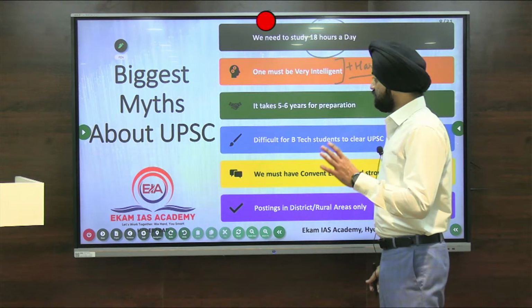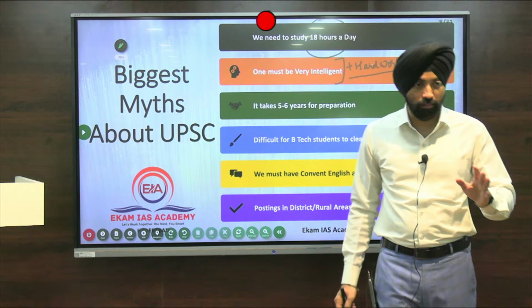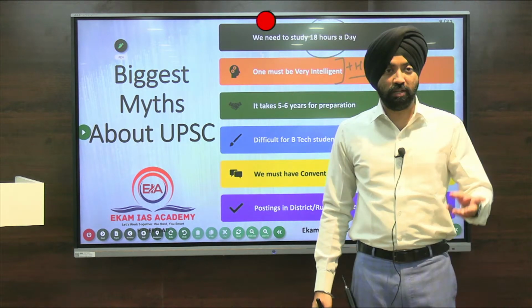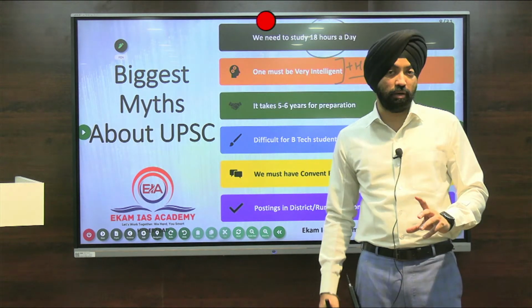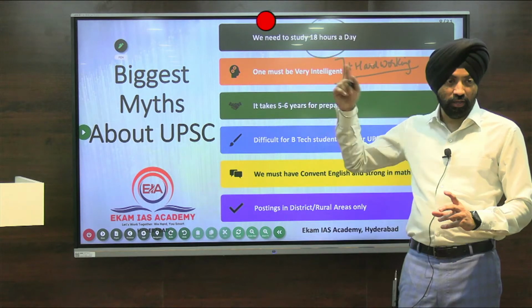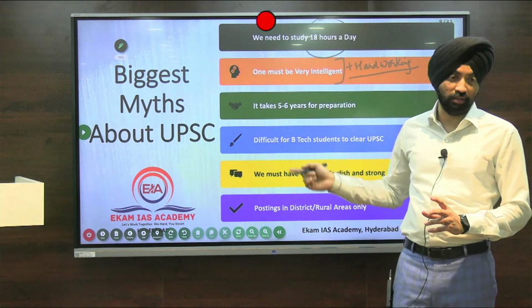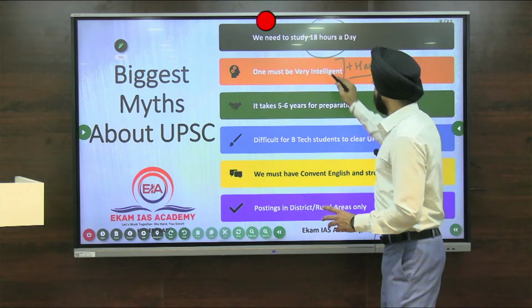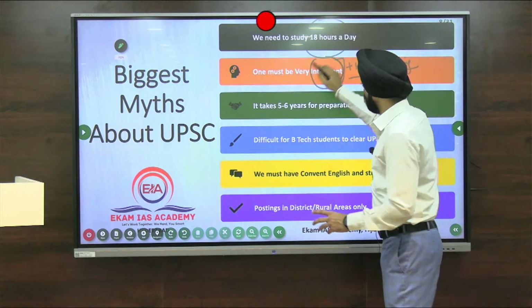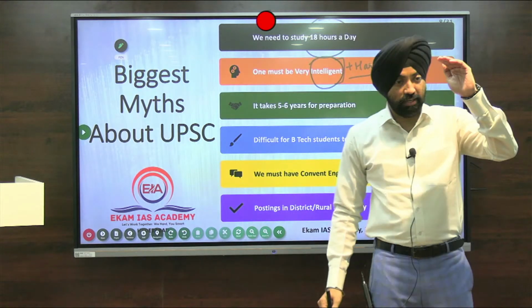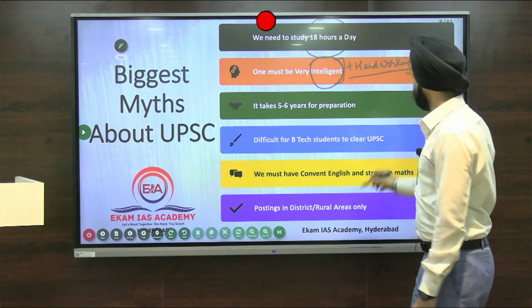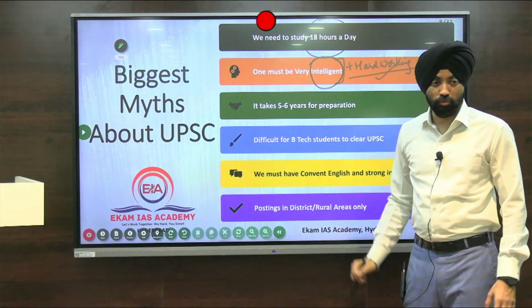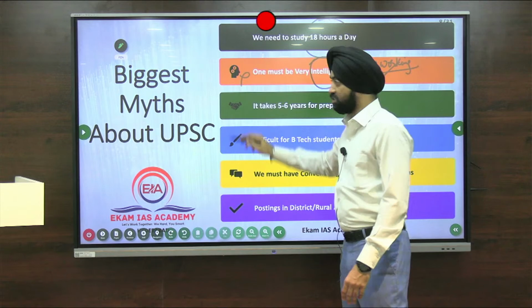It has been seen over the period of time that students with lesser marks in graduation make it big in UPSC more than students with higher marks in graduation. So the role of intelligence, though it is there, can be compensated by more hard work. You need not be Einstein to write the UPSC examination.